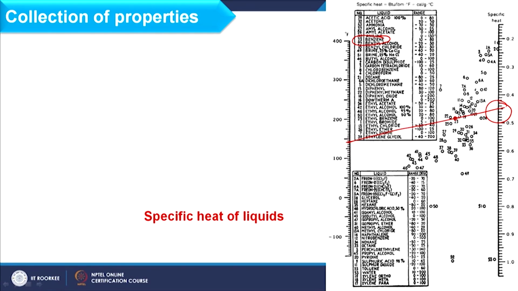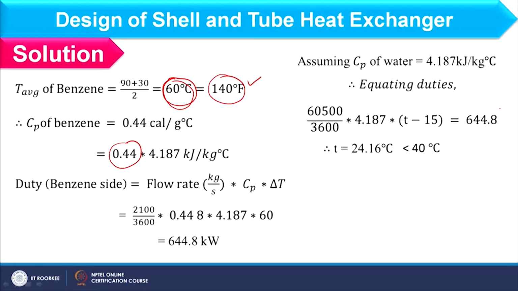Once I have this specific heat, which is available in calorie per gram degree Celsius, I can convert it into the required unit, and we can make the balance. Here we should have 21,000 kg per hour, and the total heat duty comes as 644.8 kilowatt. So, you can find out the heat duty accordingly, and the same heat duty should be available for water also.